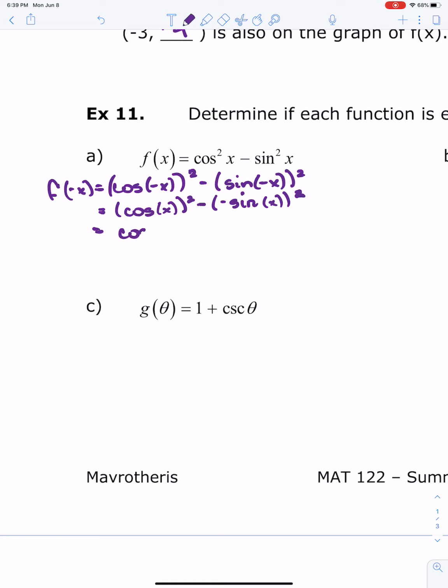Cosine x squared is cosine squared x minus, we got negative sine x squared, a negative times a negative gives us a positive. So we got minus sine squared x, which is exactly what we started with. f of negative x equals f of positive x. So we know that this function is even.